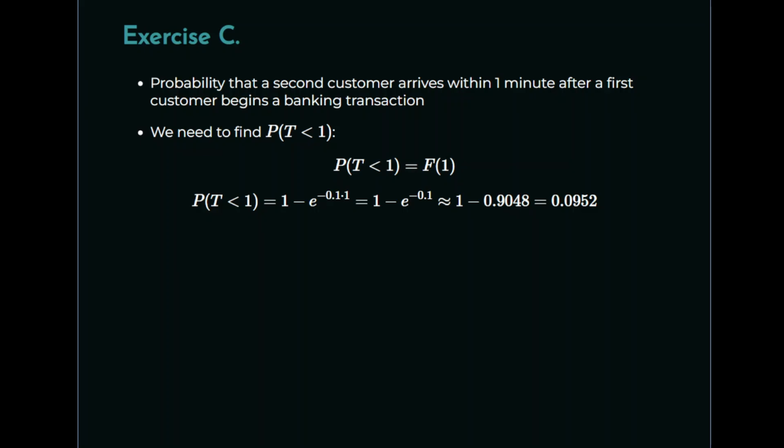So we have to calculate 1 minus the exponential of minus 0.1. That works out to be 1 minus the value of 0.9048. A little bit of calculator work, and you should get an answer of about 9.5%, 0.095.